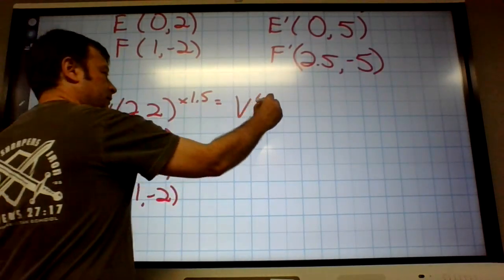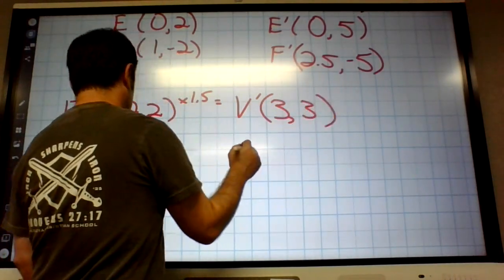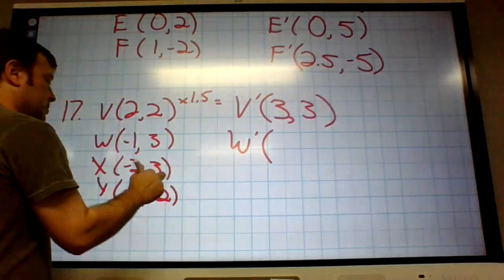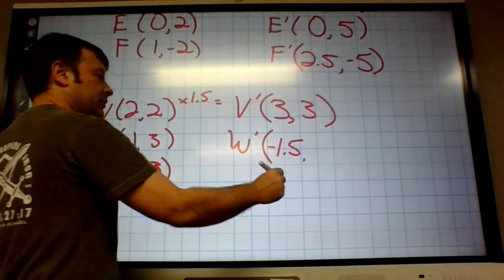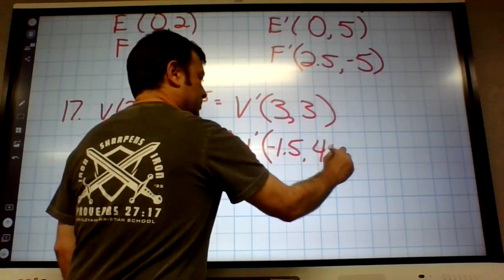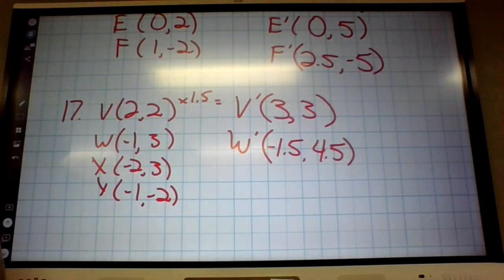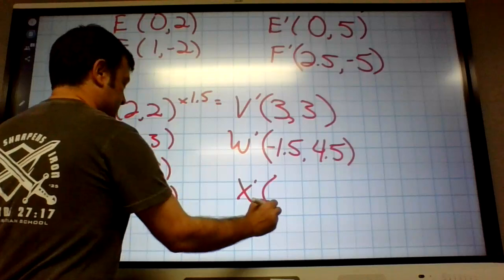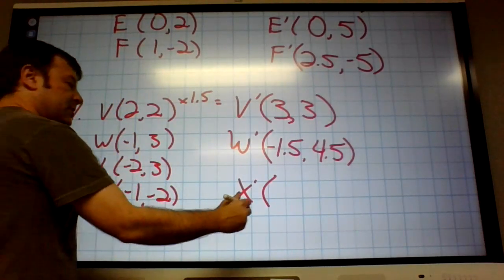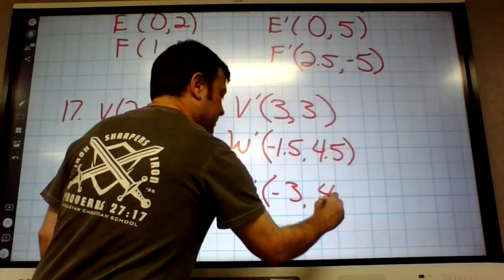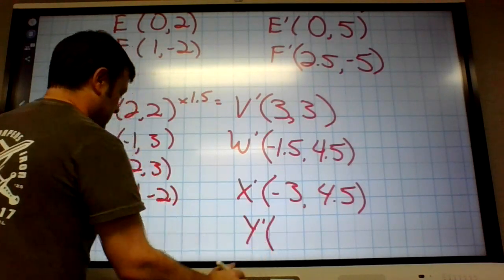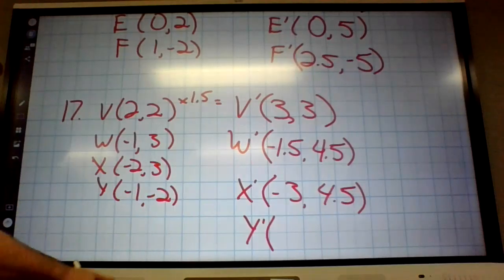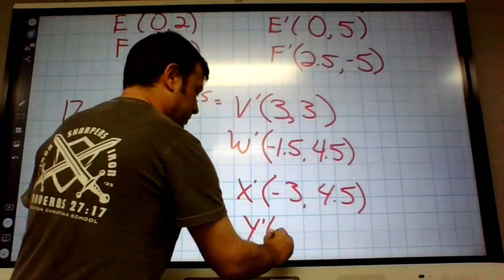Two times 1.5 is 3. -1 becomes -1.5, 3 times 1.5 is 4.5. -2 becomes -3, 3 becomes 4.5. Y will be -1.5, -3.